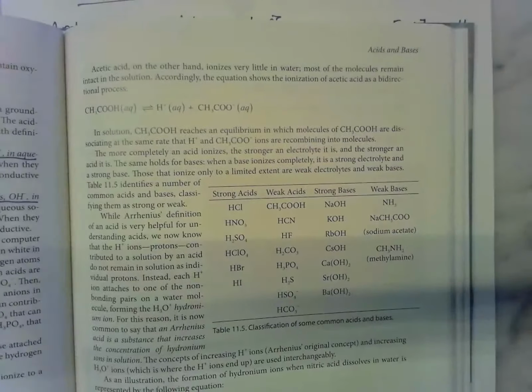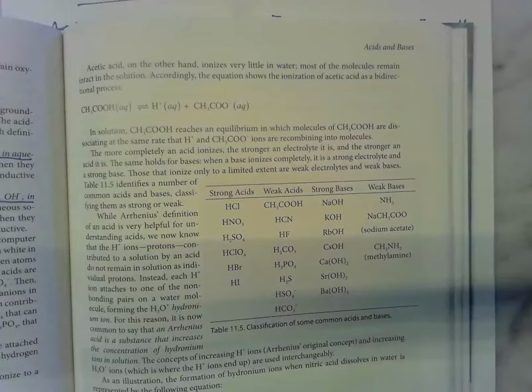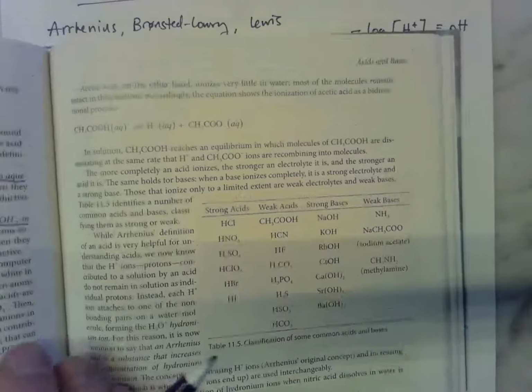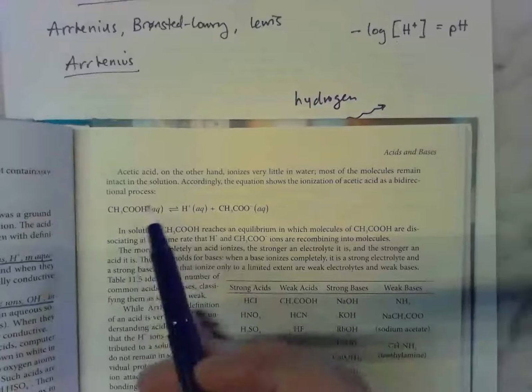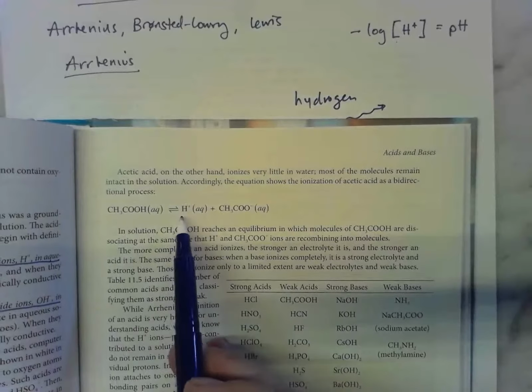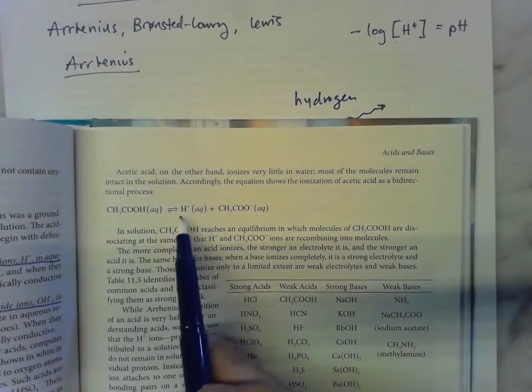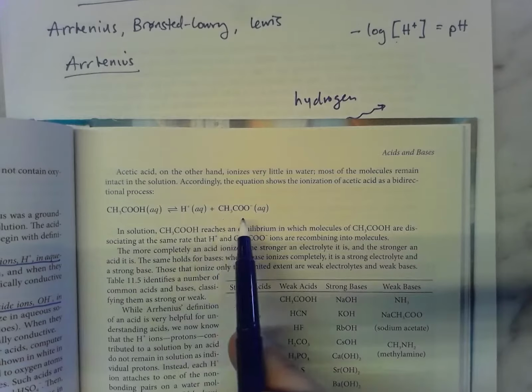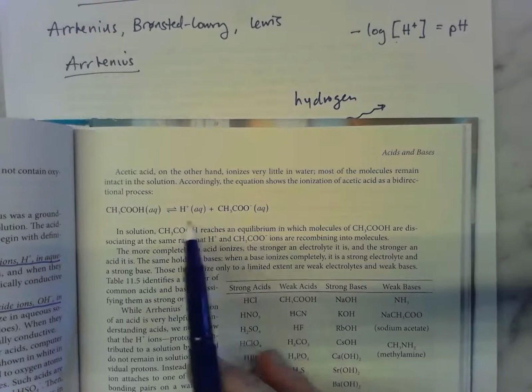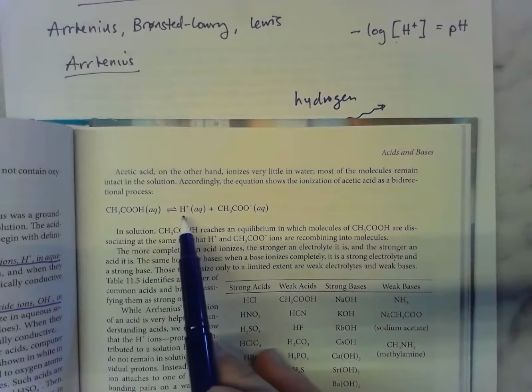And so that makes that one a strong acid, and we see here this guy also goes from acetic acid into an H plus and the acetate ion, both in solution here, and that increases the H plus.